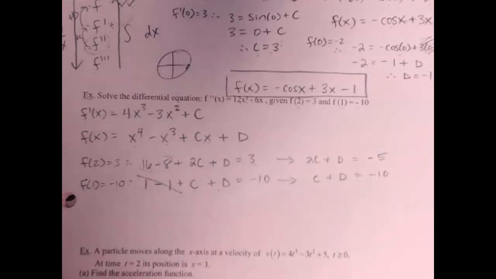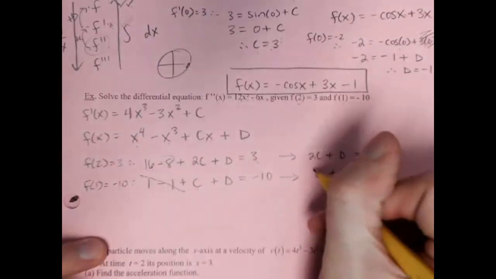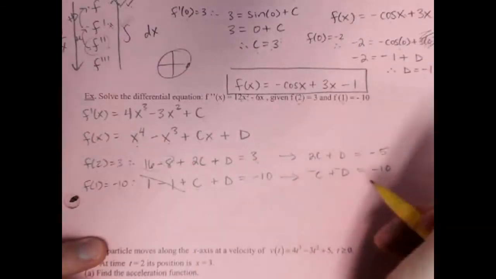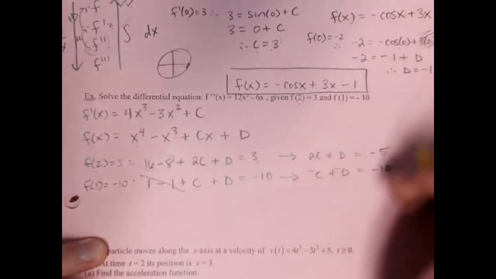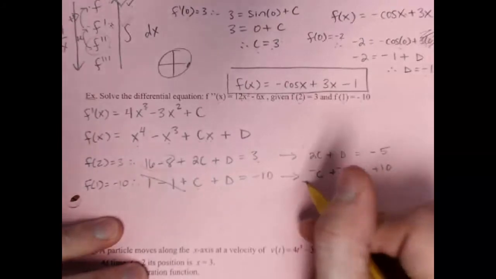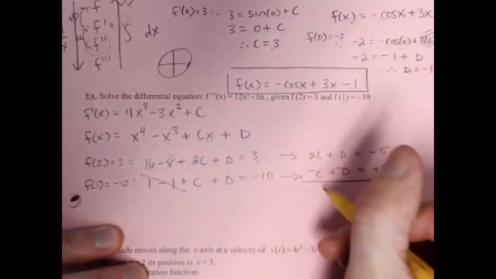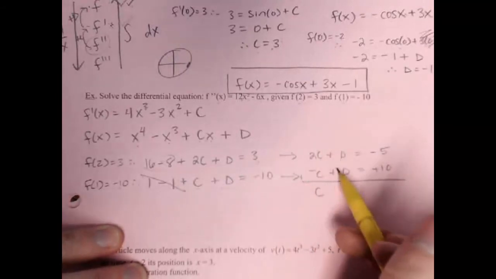If you add them together right now, nothing's going to eliminate. So what I could do is multiply this by a negative 1. Right, so let's do some witchcraft. Negative c, negative d, and then we'll just make that a positive 10. We're just multiplying it all by a negative 1 scale factor. Now I can add them together. 2c plus negative c. d plus negative d would eliminate.